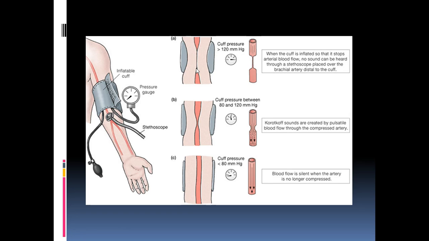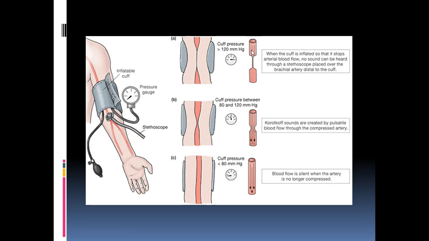Usually there is a pressure sensor in the cuff, right? And the reading at this particular time, when the blood flow has been totally cut off, would usually be more than 120 millimeter mercury.